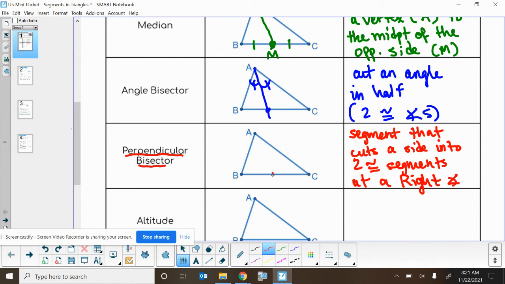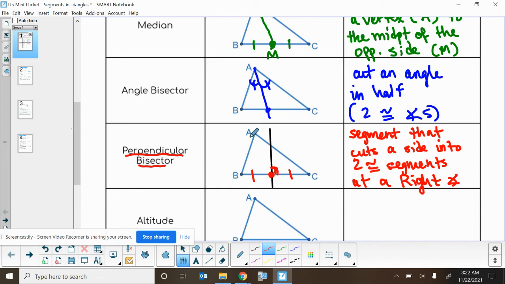So not only does it go through the midpoint, but it also goes at a right angle. So I'm just going to draw it with the straight line tool to make it really nice right angle. And then I will mark it with a right angle so we know that is the perpendicular bisector.